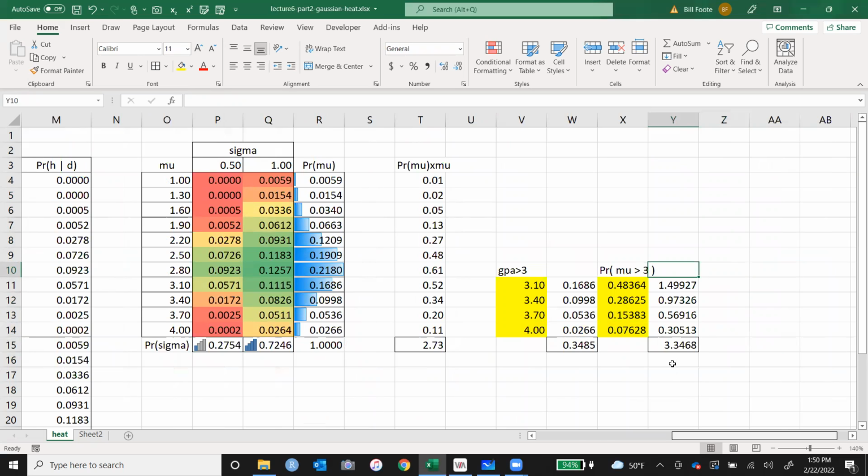And then the second thing we did was we calculated an overall expectation of grade point average. Okay, given that these are the potential outcomes, our grid, and these are the plausibilities of each of those outcomes, the probability that a mu will occur across all the sigmas.